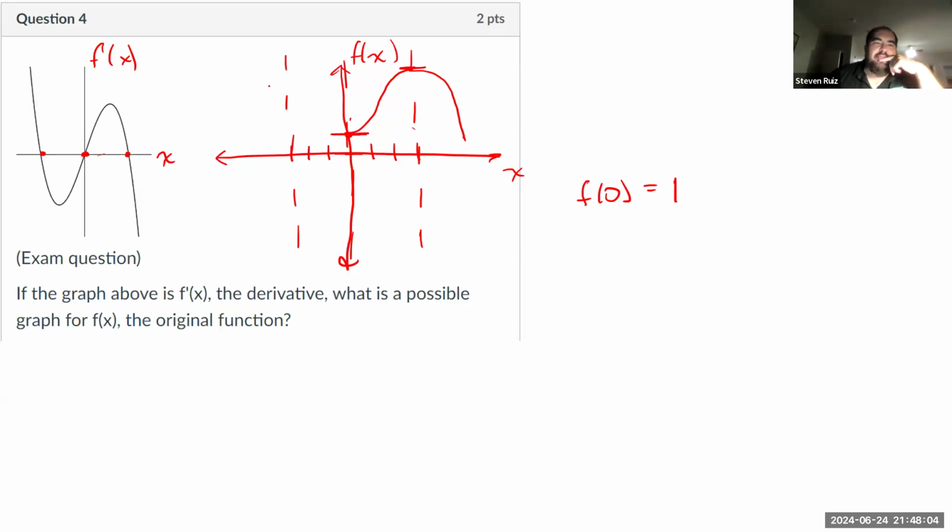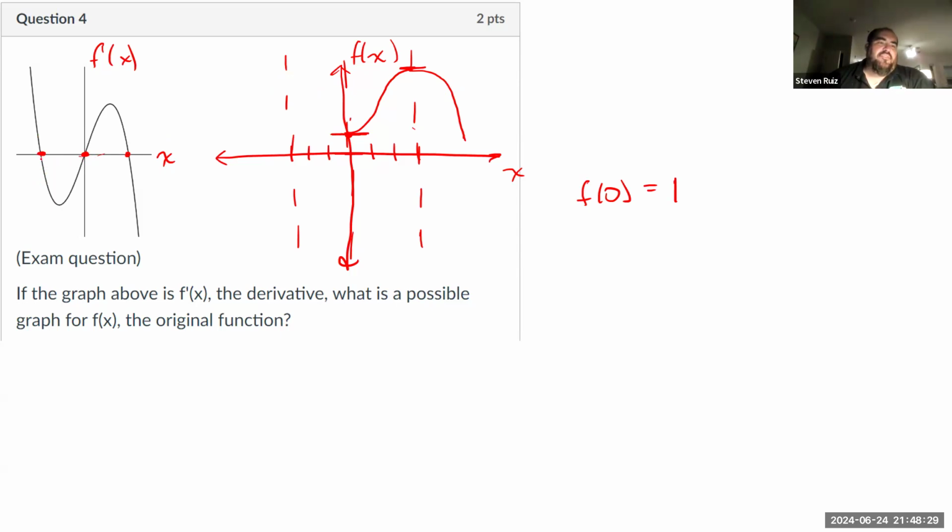Now what's happening as we come from the far left and approach the y-axis? So let's look at our two values where the derivative equals 0 again. What's happening between x equals -3 and x equals 0?